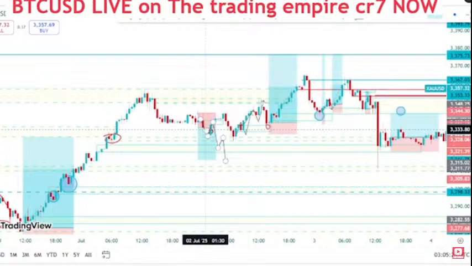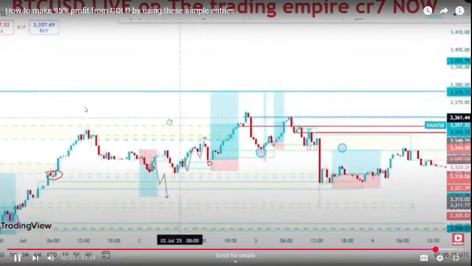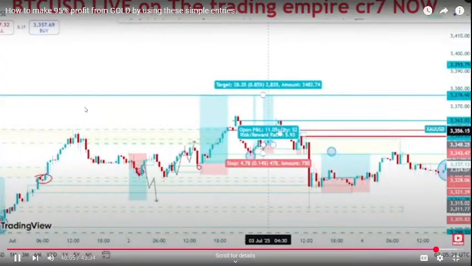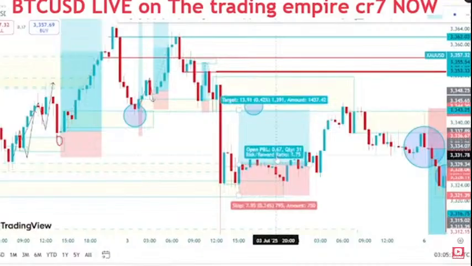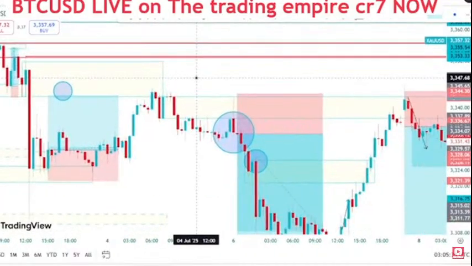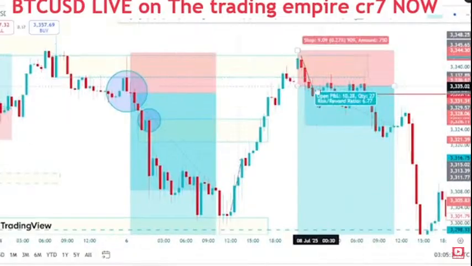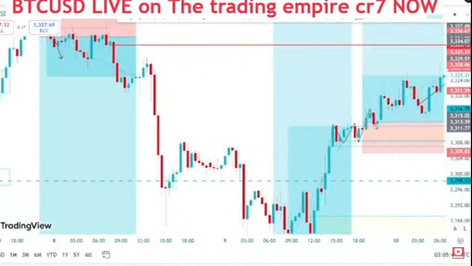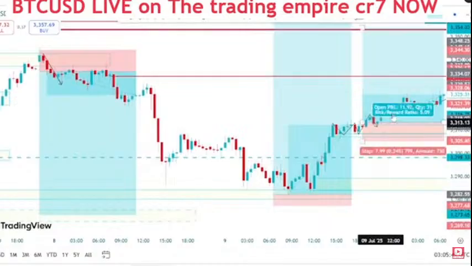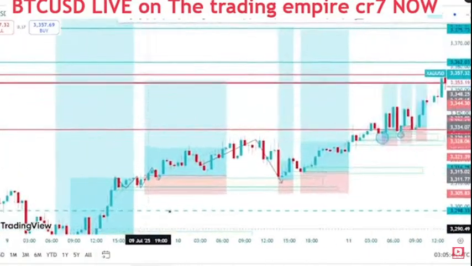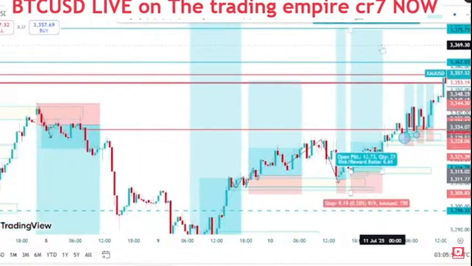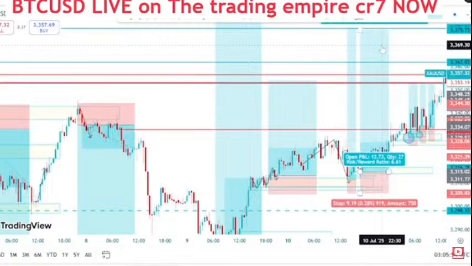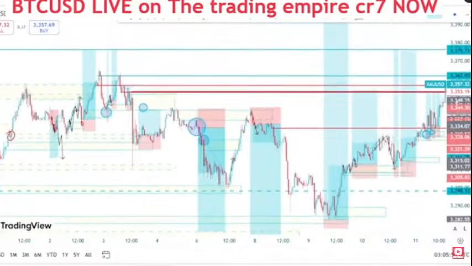Okay, two, we secured from this area. 3, 4, 5, 6, 7, okay, 8, 9, okay, 10, 11, 12, 13, 14, 15, 16. Okay, we took a loss, one loss, 16, 17. From 17 trades, we took only one loss.